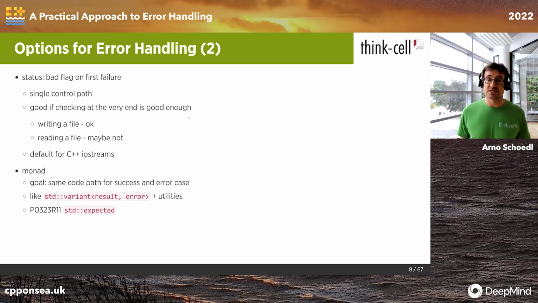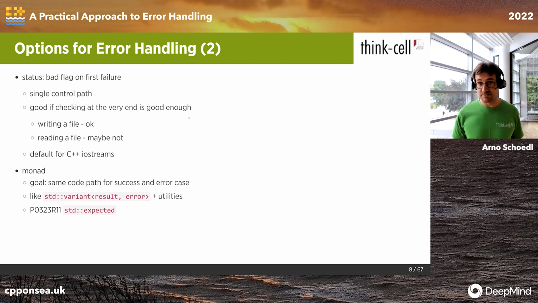And that package is then moved through the program using various utilities. Doing that gives you the single control path, which is easier to reason about than if you have many control paths for all your error conditions.